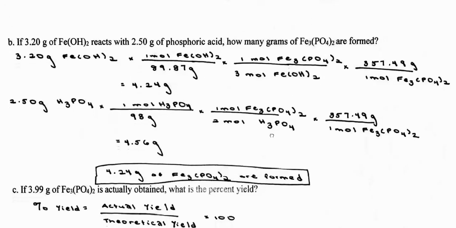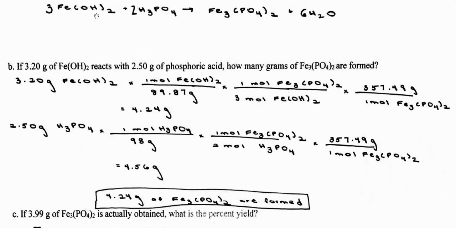Here, this is just a limiting reactant problem at this point, so I'm going to use this formula to solve it. I tell you, you have 3.20 grams of Fe(OH)2 and 2.50 grams of H3PO4. So I want to know how many grams of Fe3(PO4)2, iron phosphate, both of these will produce. And so what I do, I first need to go from grams of iron hydroxide into moles of iron hydroxide, and I use the molar mass here.